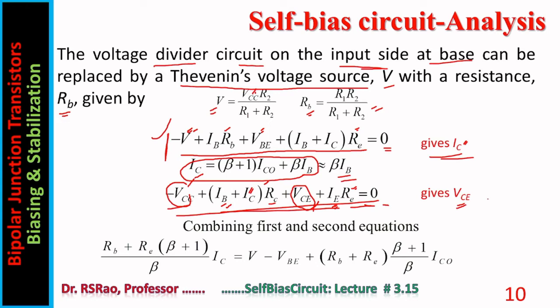Now the operating point is available. IC, VCE values are known. This completes the analysis aspect of the self-bias circuit. Now we move to another aspect of self-bias, stability.